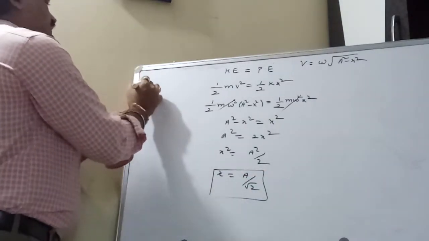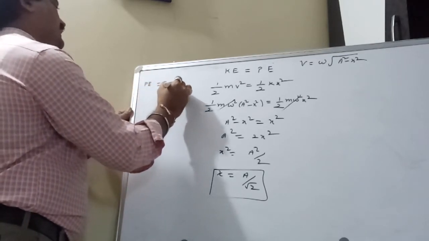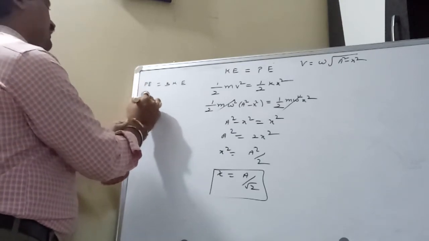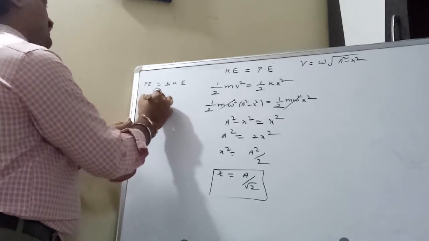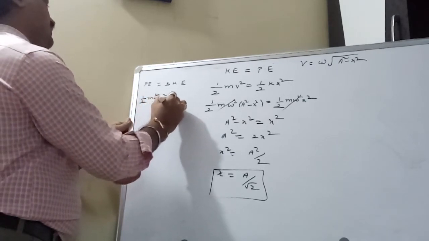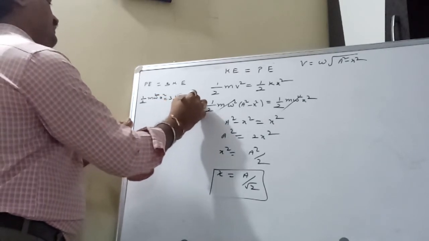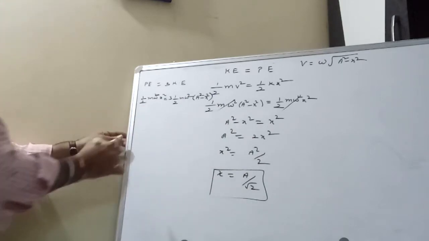So next one, P is equal to 3K. So P means (1/2) m omega square x square equal to 3 into (1/2) m omega square into (a square minus x square).